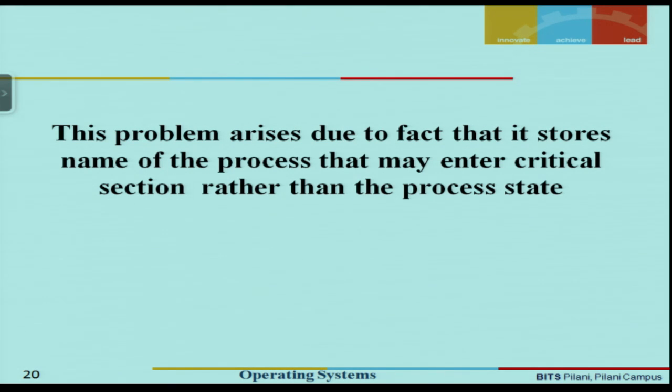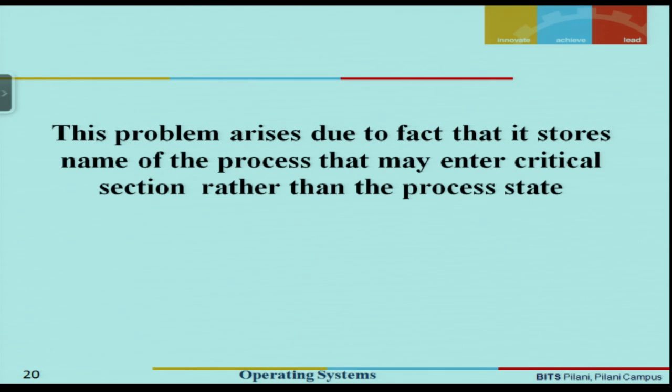In this case, process 1 directly uses the name of the other process for entering into the critical section. It is not checking the state of the other process. So this is one major issue. It checks whether the turn is equal to 1 or whether the turn is equal to 0, that is, whose turn it is. It is not checking the state of a process.